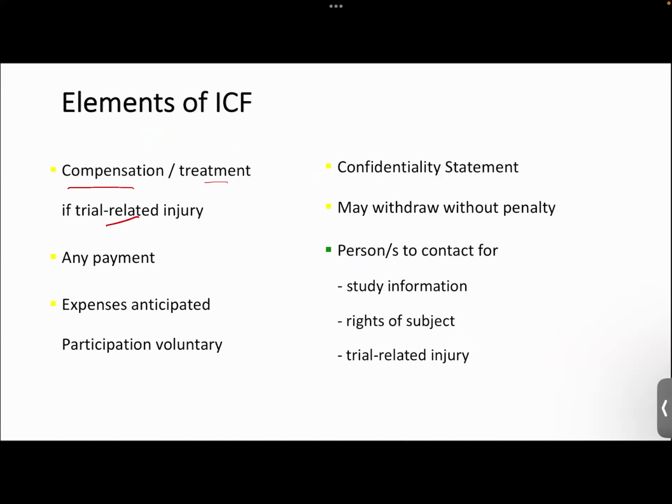Compensation and treatment-related injury. Suppose over 2 years, as per protocol, the patient is making 5 visits. 5 times they are required to come to the site or hospital. By their wish they can come as many days as they like, but this is what is required by protocol.